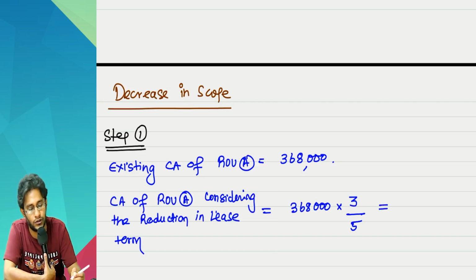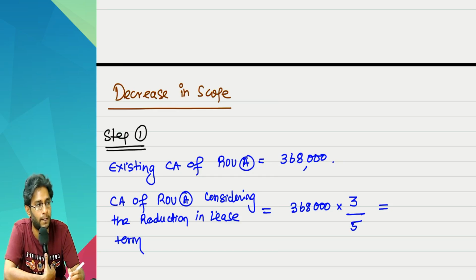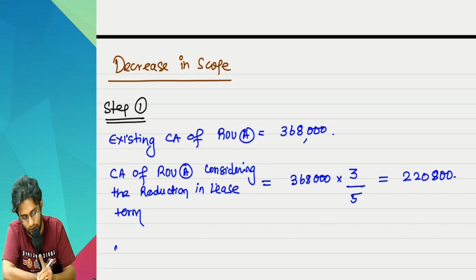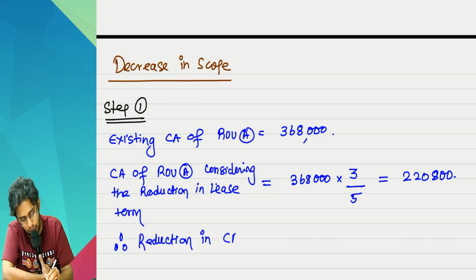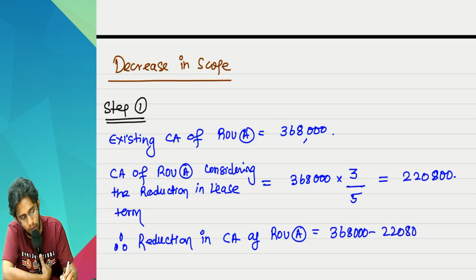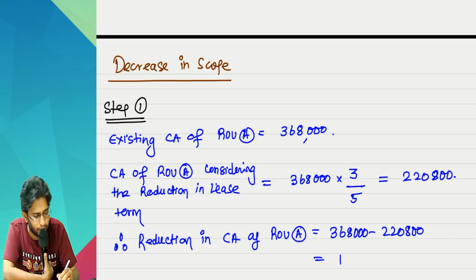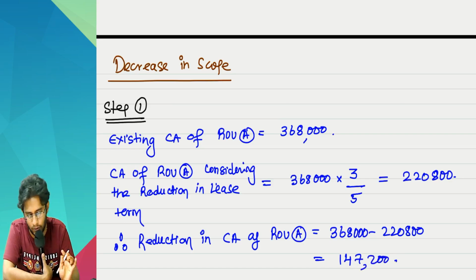So how much do I want now? 220,800. Therefore the reduction is 147,200.